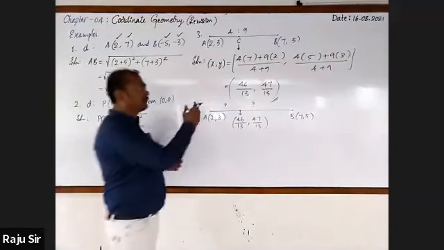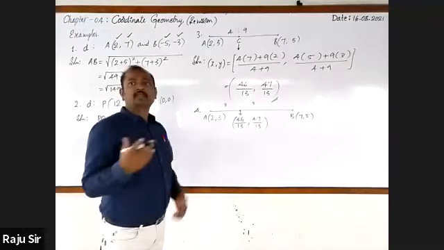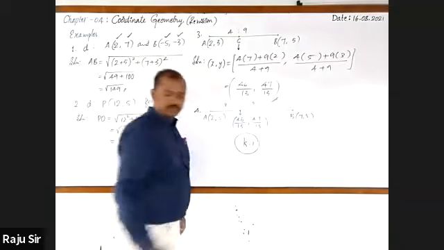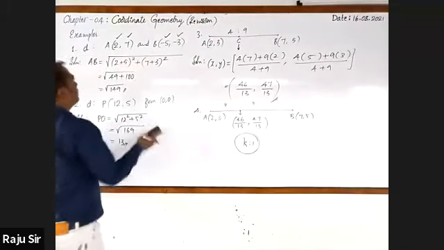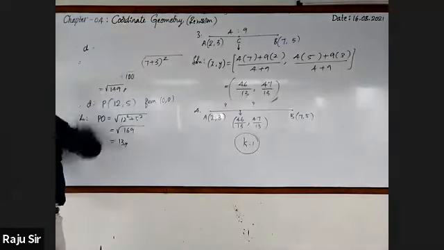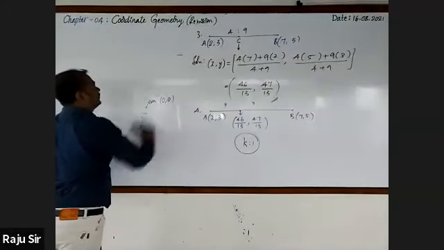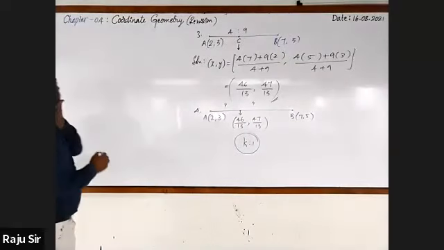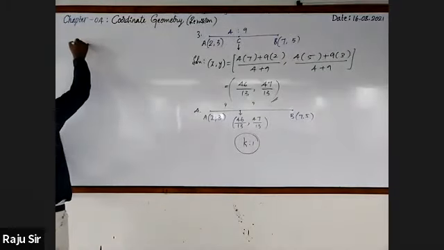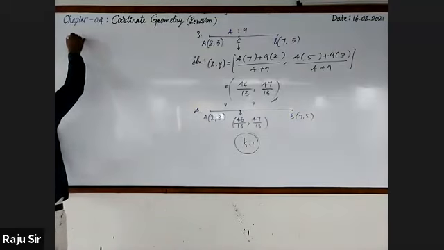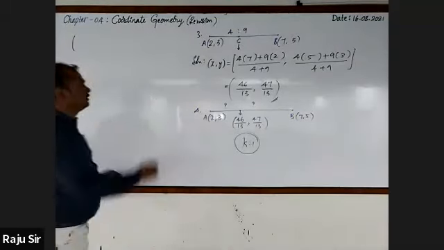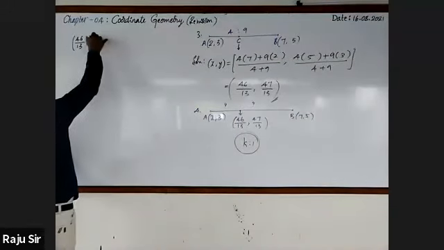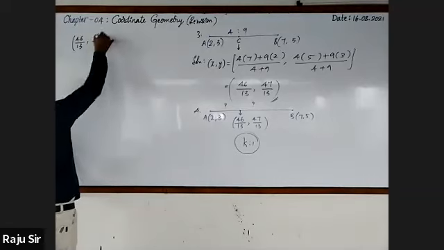So then how do you go about assuming the ratio? K is to 1. So now let's go for using the formula. Here I'm writing x, y, that is (46 by 30, 47 by 30).